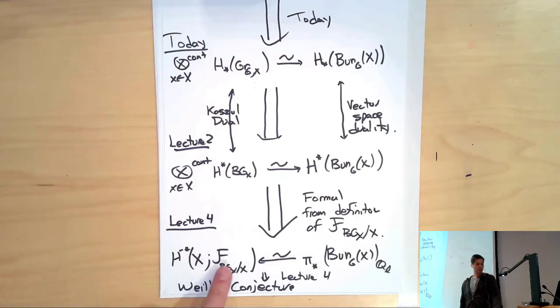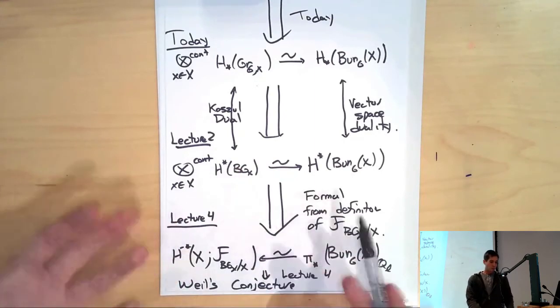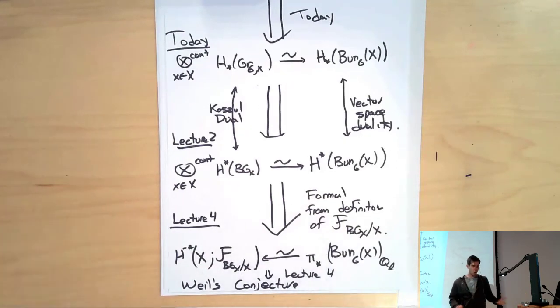This sheaf F is obtained from this factorization algebra up here by a formal procedure that will intertwine factorization homology with ordinary taking cohomology in the usual sense.